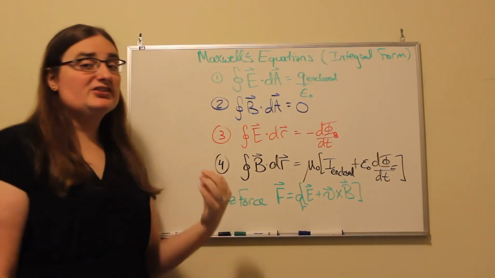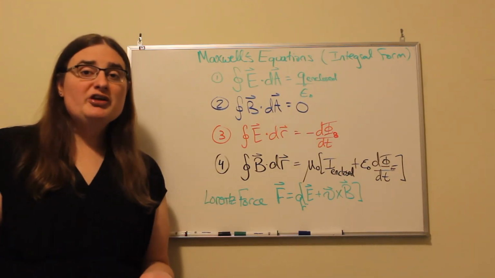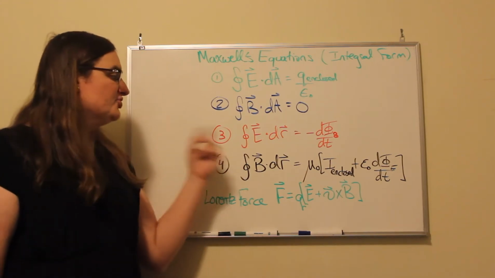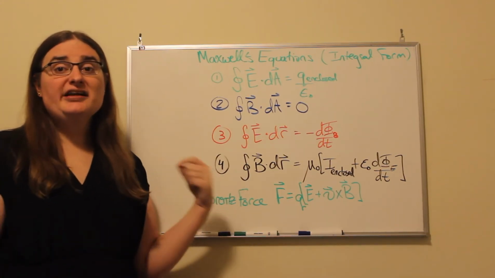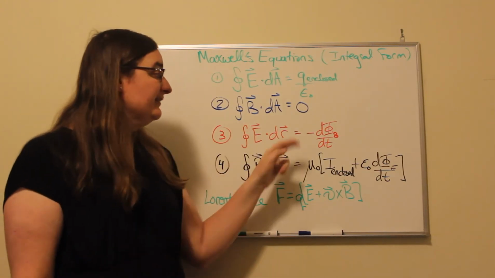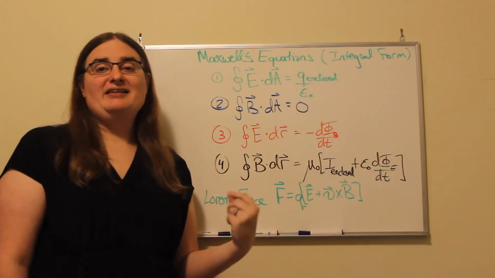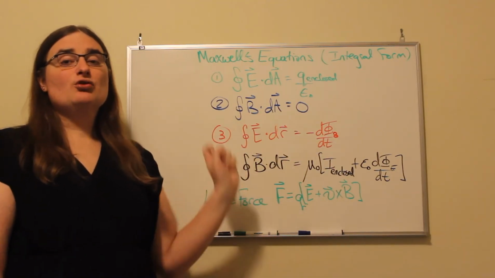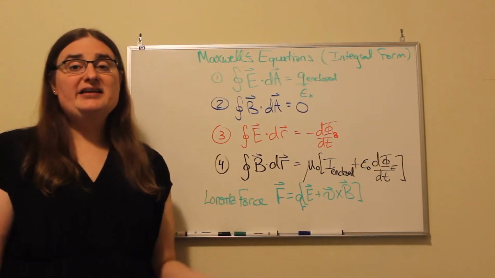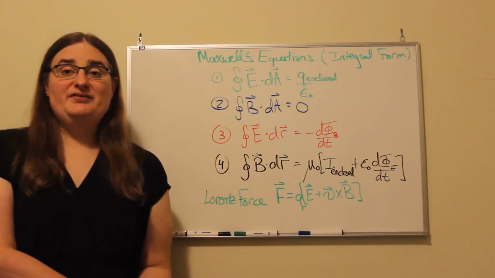The next two pieces are based off the circulation of fields, how fields flow around some path. So if I calculate the circulation of the electric field around some closed path, that's going to be equal to minus the change in the magnetic flux passing through the surface that is created by that path boundary that we've established.